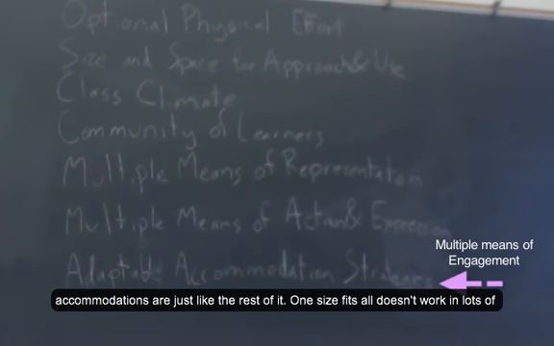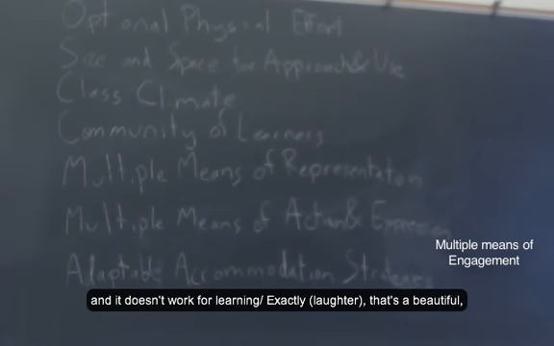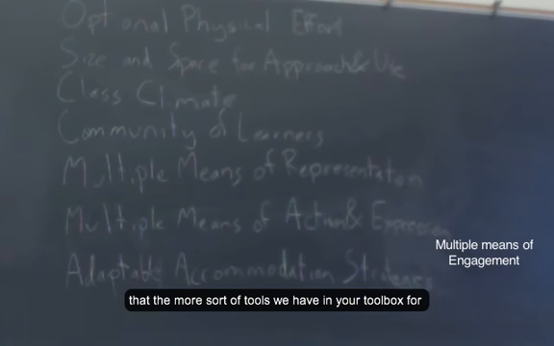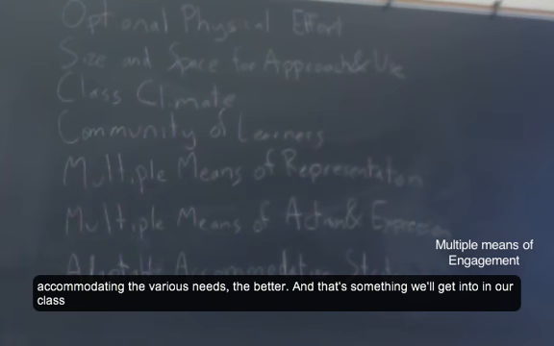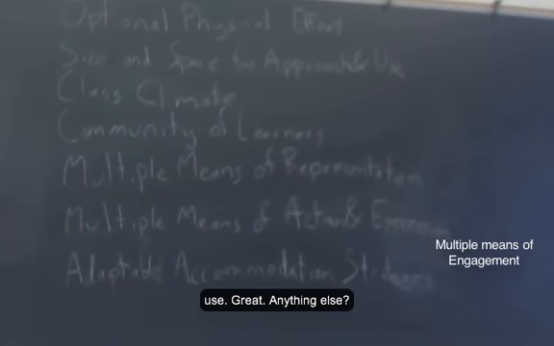One size fits all doesn't work in lots of different contexts. It doesn't work for clothes, and it doesn't work for learning. Exactly. That's a beautiful analogy. Design is design, right? And I think that the more tools we have in our toolbox for accommodating various needs, the better. And that's something we'll get into in our class next week: some of those tools and technologies that we can use.